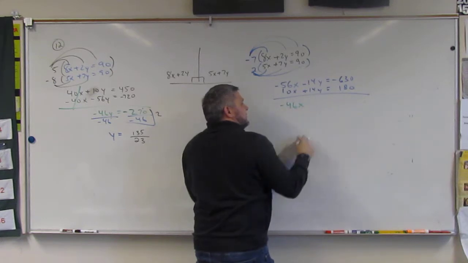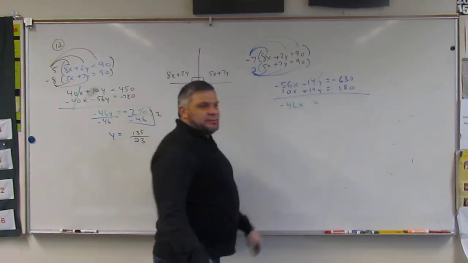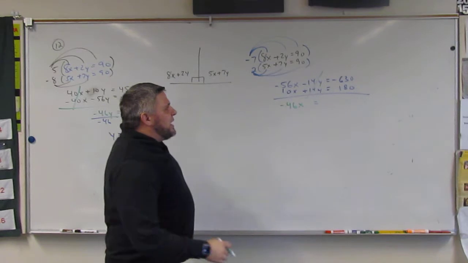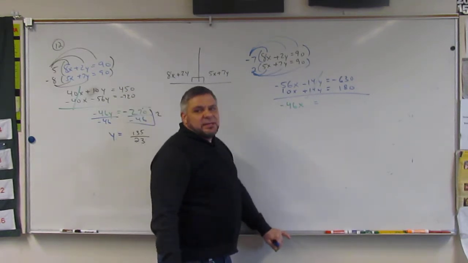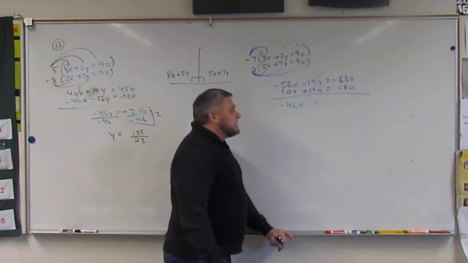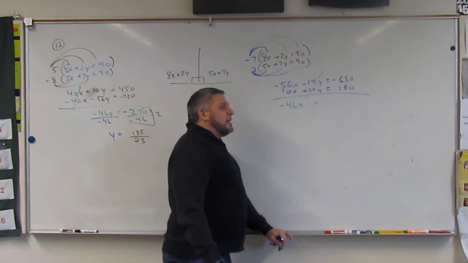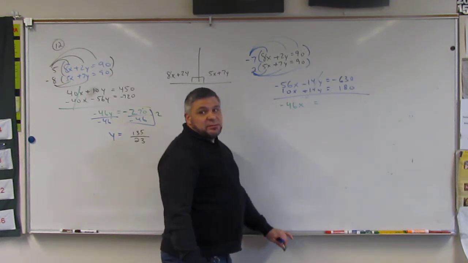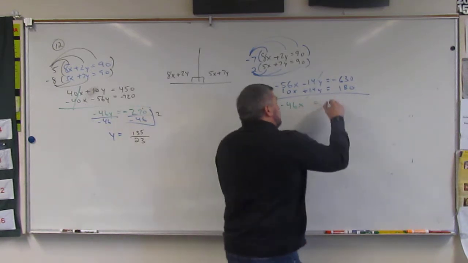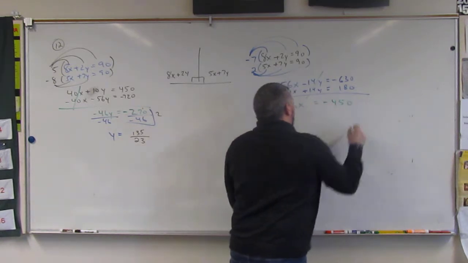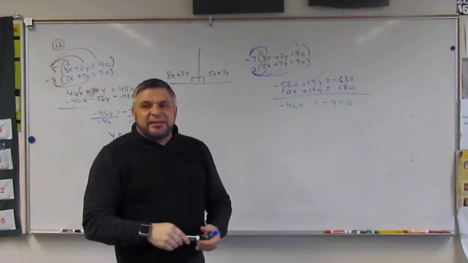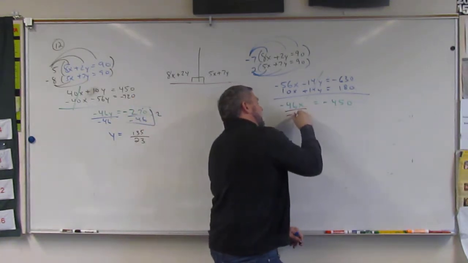And then we add those up, and I get negative 46x equals, because these cancel, right? And 180 from 630, well, that'll give me 550 minus 100, which would be 450. So negative 450. And then I would divide that by negative 46.